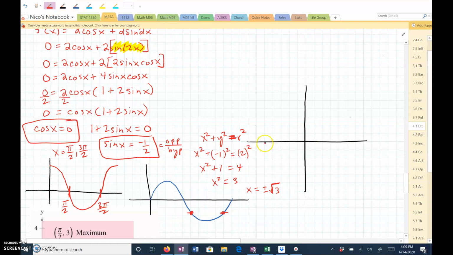The opposite side is negative 1. The adjacent side is the square root of 3, or negative square root of 3. And the hypotenuse is 2. Since it's the unit circle, I want to make the hypotenuse 1, so I'm going to divide everything by 2.